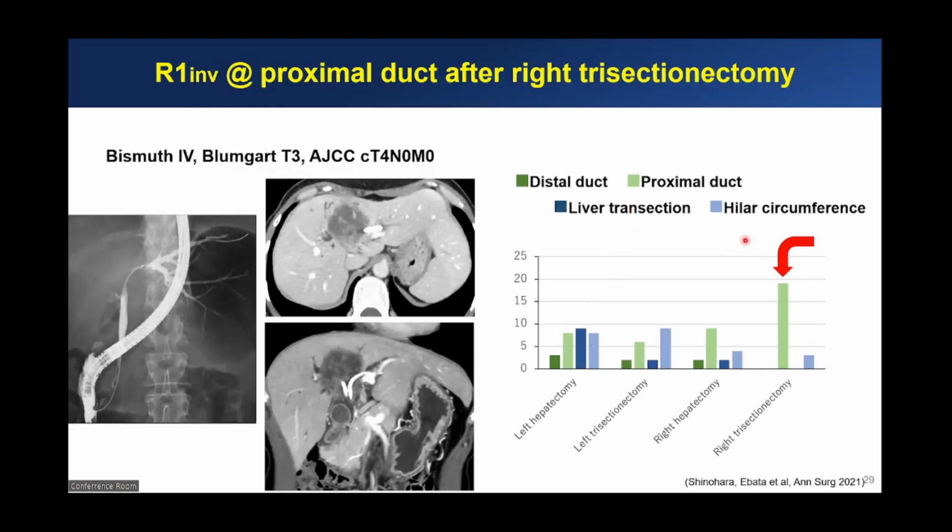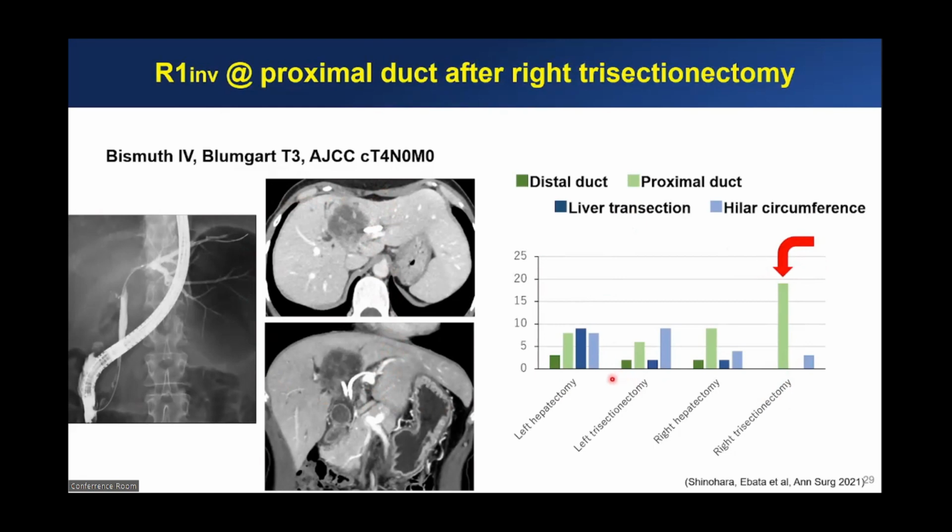Because of one of these regions, we perform the right trisectionectomy in very advanced cases like this. In this case, the patient received a right trisectionectomy, but the resection margin is very near.